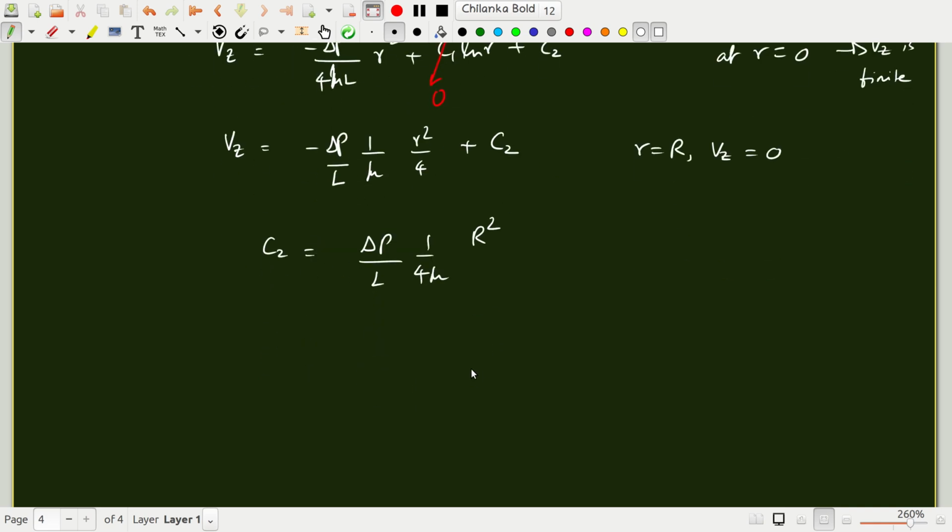Therefore Vz of r after fixing the boundary conditions is delta p by L, 1 over 4 mu, R squared minus r squared. Here R is the radius of the pipe, and r is the radial coordinate of the cylindrical coordinate system.